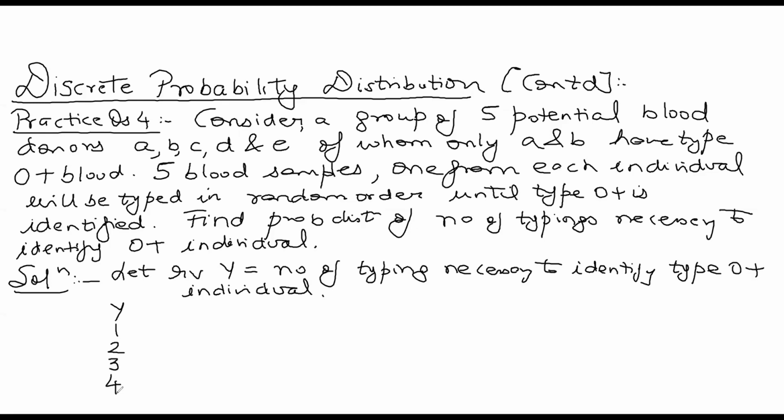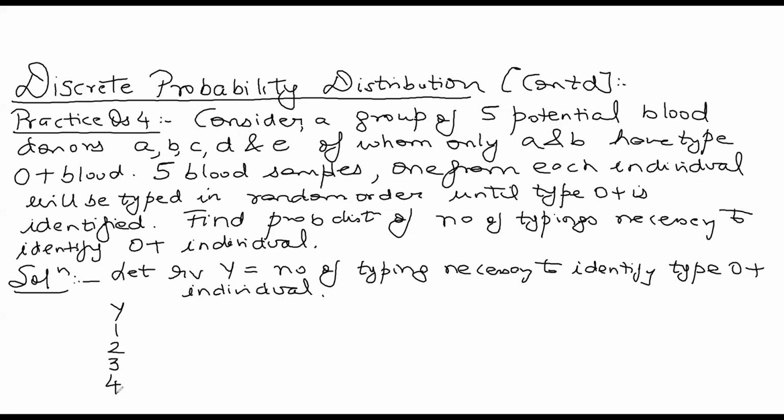Will I take the value 5? There are 5 blood donors and I know that out of these 5, 2 definitely have O plus type. So should y take the value 5?